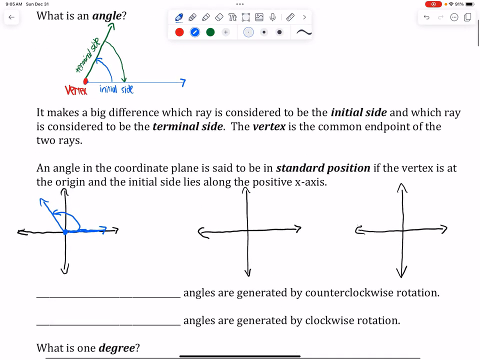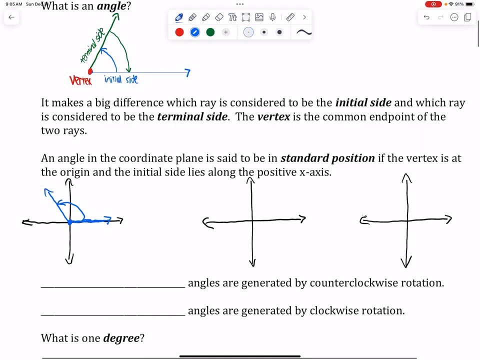Now, something that's important to understand, as I was saying a minute ago, is that the direction of rotation is important. Suppose we start in standard position with our starting side on the positive x-axis, and suppose we rotate it to about right here. Suppose we measure that, and it turns out to have a measurement of 75 degrees.